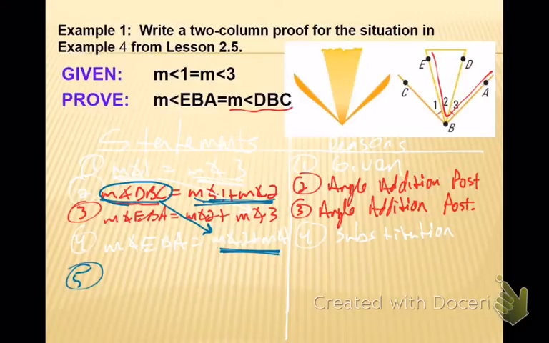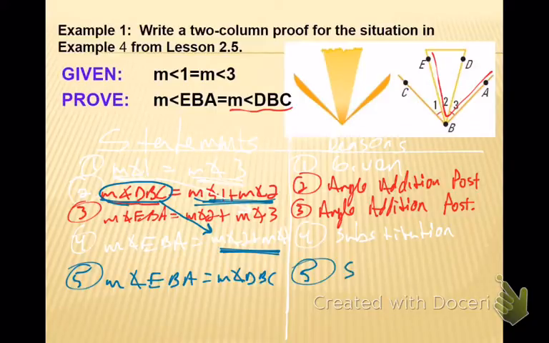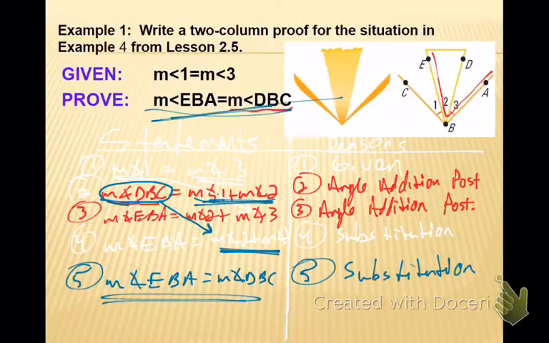So now I can go, the measure of angle EBA is equal to the measure of angle DBC, and that's by substitution again. And if you look, that's exactly what we wanted to prove. And so we're done. That's it.